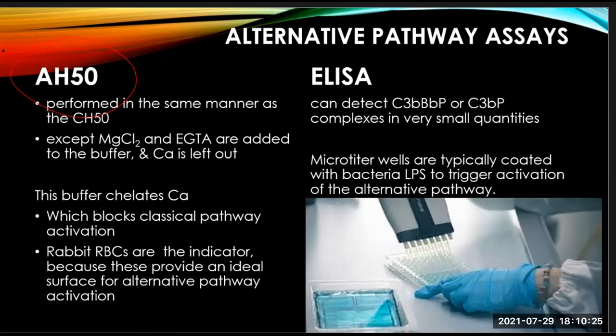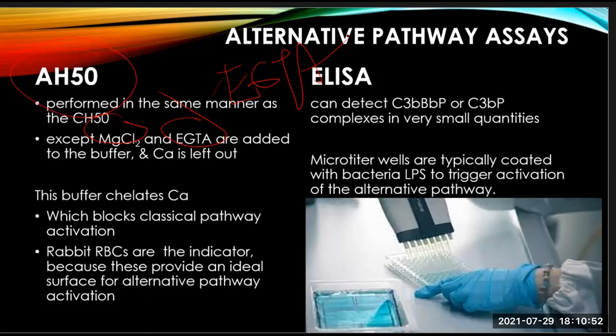Except, may exception siya. Except magnesium chloride and EGTA, not EDTA ha, tama talaga to. It's really ethylene glycol tetraacetic acid, EGTA. Magnesium chloride and EGTA are added to the buffer and calcium is left out.